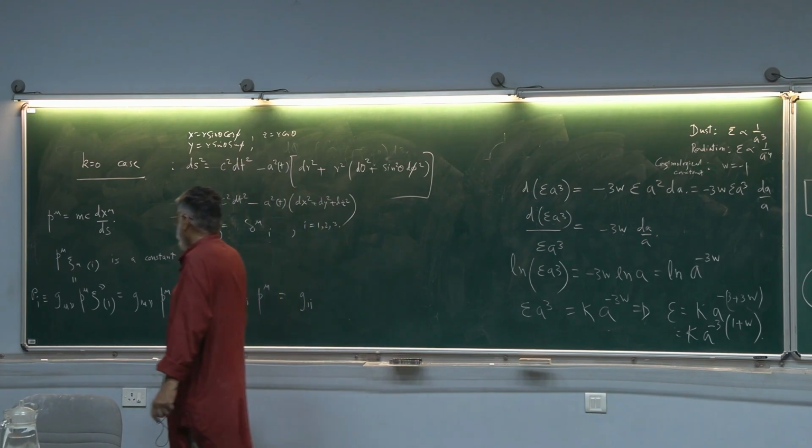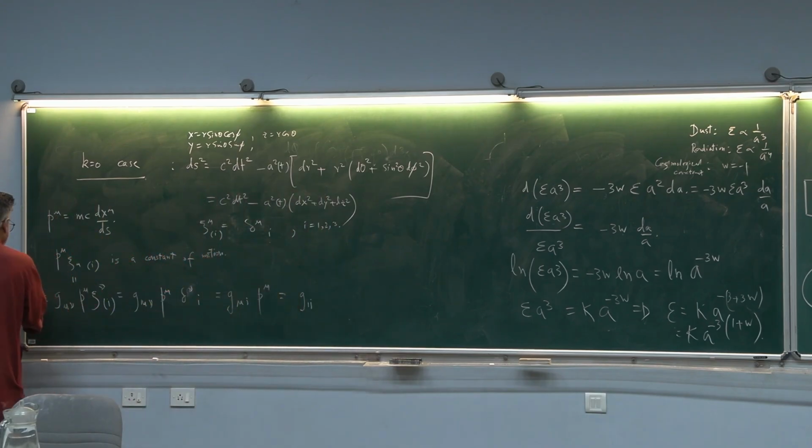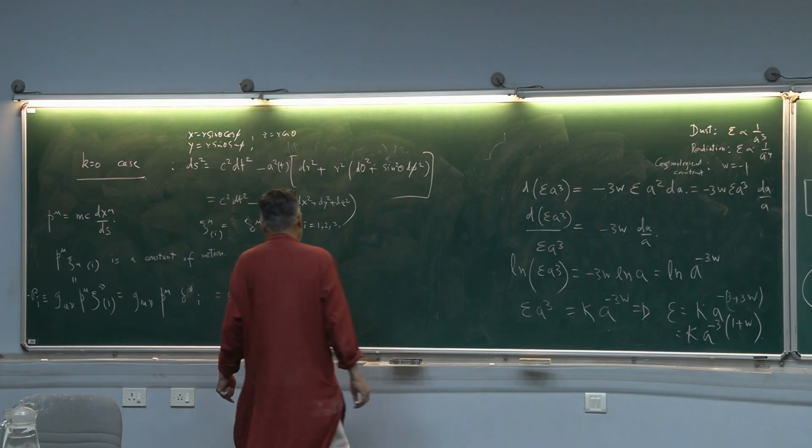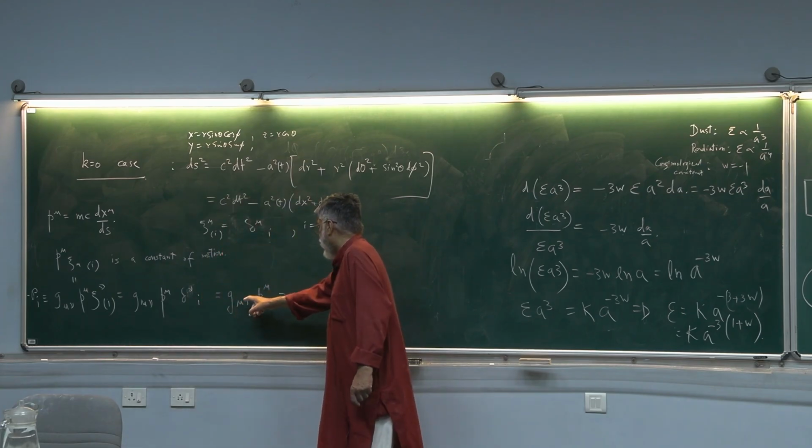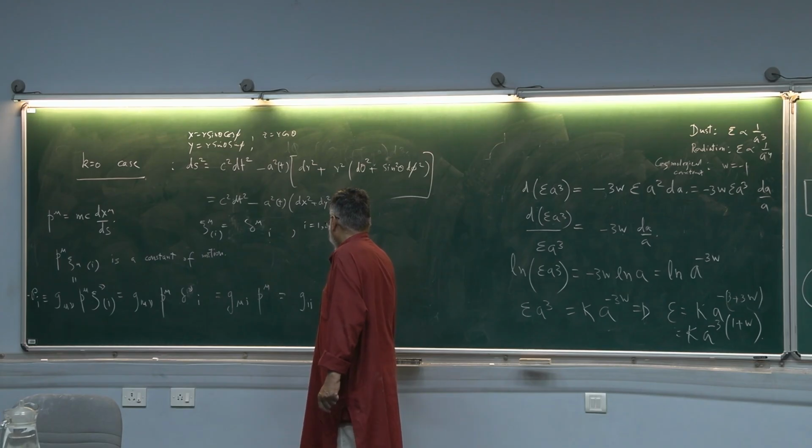So let me put a minus sign because it will be negative. So let me put my definition: minus script Pi by definition is this. So it is g II P I, because it's diagonal. g II P I. And what is g II?